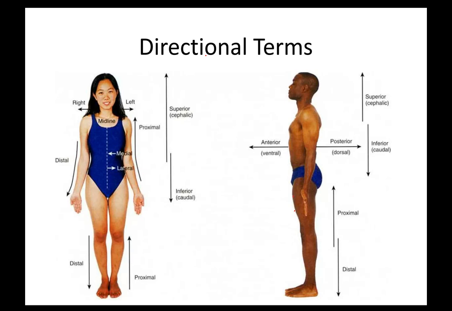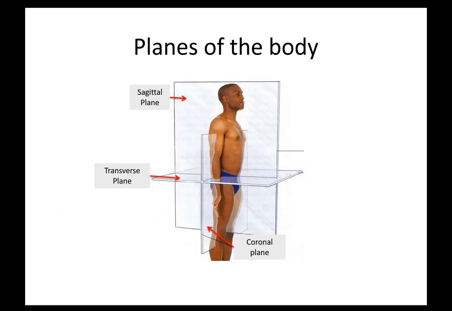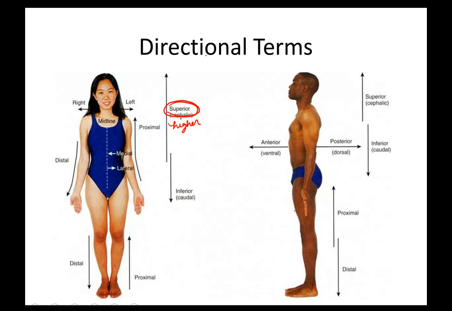Now, let's talk about up versus down. When we want to describe something that's higher than something else on the body, we use the word superior. It's higher. When we want to describe something that is lower on the body, we say the word inferior. Okay, so let's say we're talking about this girl's knee versus her ankle, or even this guy's knee versus his ankle.